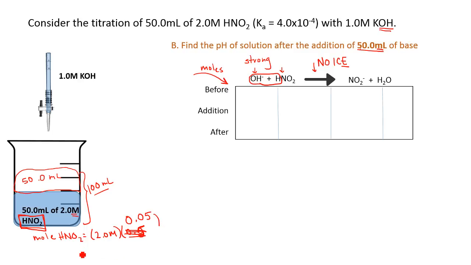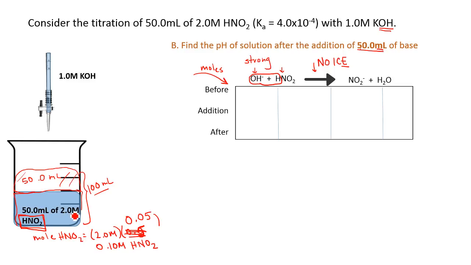So when you multiply these things together, you're going to get 0.10 moles of HNO2. That's an important number because every time we change the volume of base that we add, we're always going to assume that we're starting with this amount of acid.